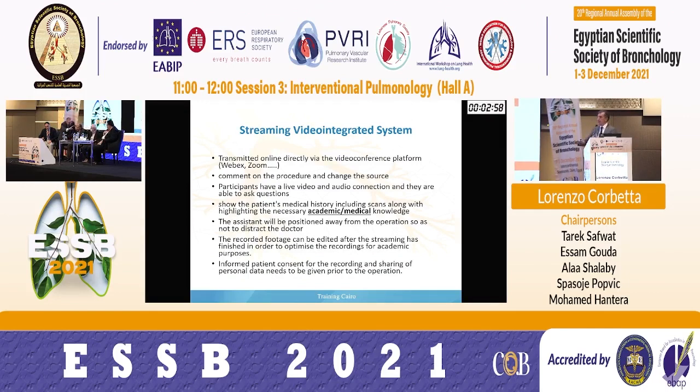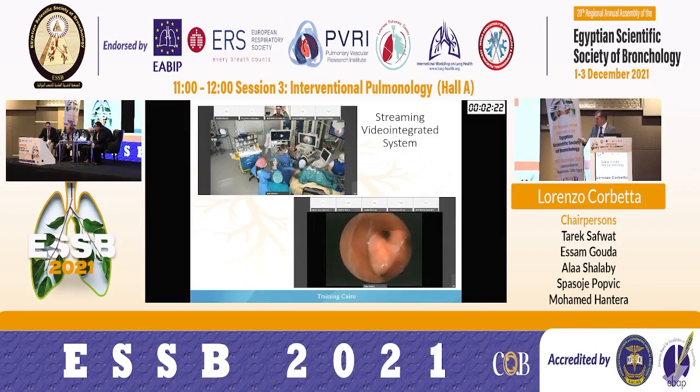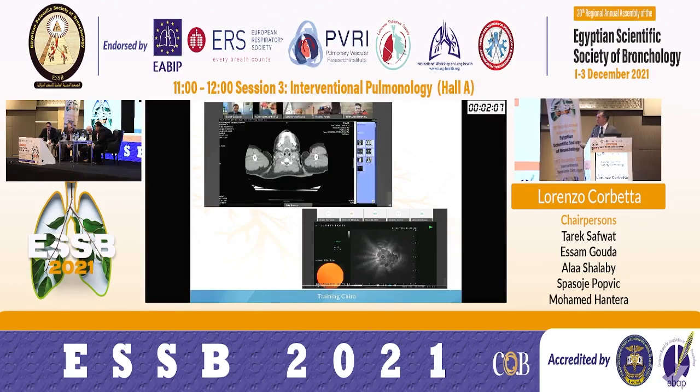But it's like an internship, because you can discuss with the operators, with some commenters, with some doctors, what is happening in the operating suite, at low cost, because we use the video system of the operating room and a very easy platform. Here you can see, for example, the intubation of the patient, and then all the procedures connected with it. For example, the EBUS commented and discussed in video conference. Here is a radial EBUS and so on.